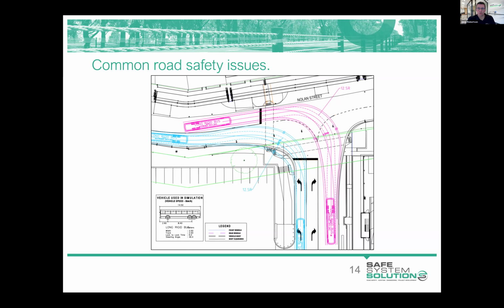You can see the blue swept path. It's a left turn by a bus. When drawn in accordance with Austroads requirements, that swept path would cut across that pedestrian area at the corner and the stairs even, to a significant degree. So that intersection needed to be redesigned in order to cater for those vehicles.